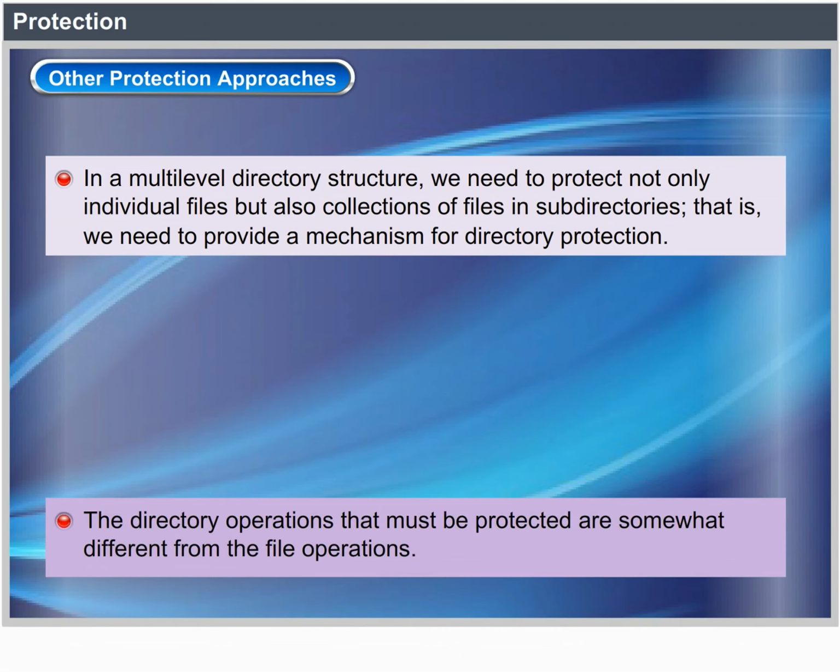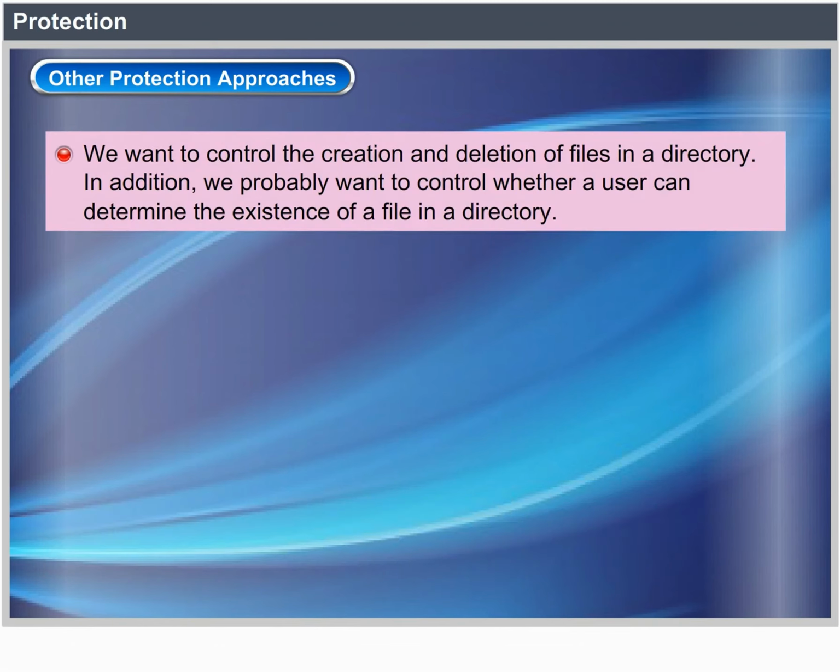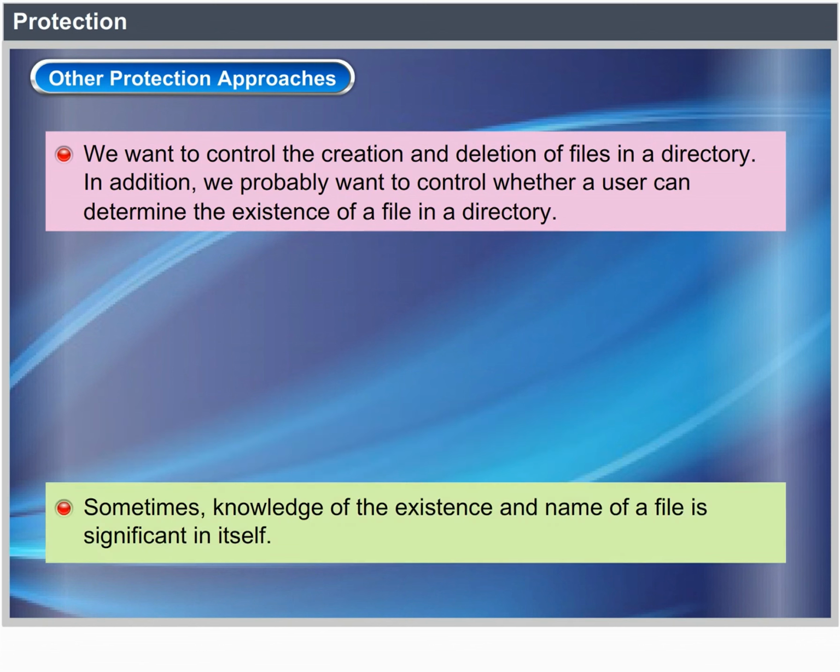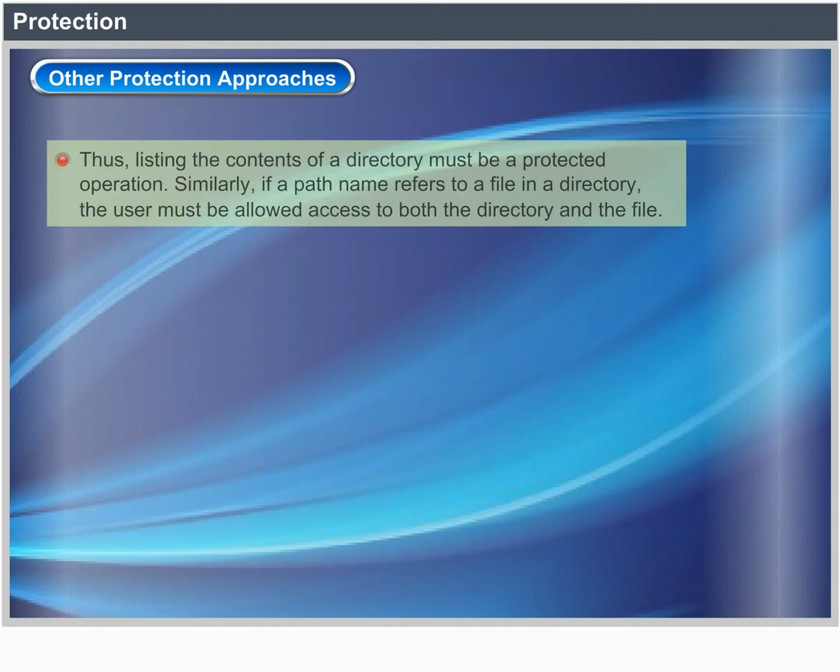We want to control the creation and deletion of files in a directory. In addition, we probably want to control whether a user can determine the existence of a file in a directory. Sometimes knowledge of the existence and name of a file is significant in itself. Thus, listing the contents of a directory must be a protected operation.